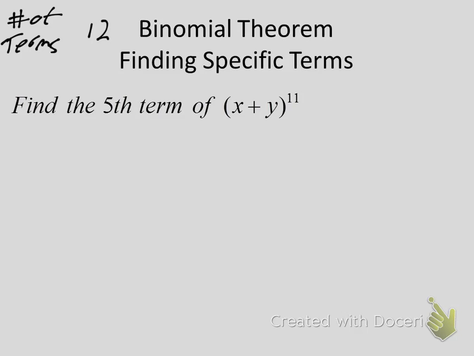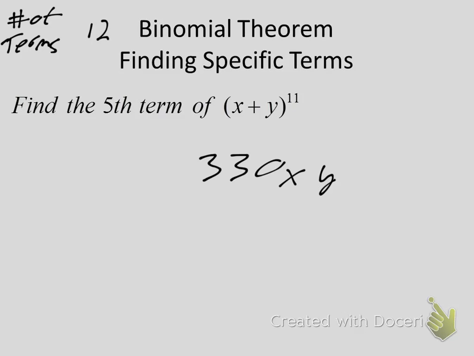What's our exponent? 11. Hit 11. Okay. What's the fifth number? 330. That'll be your coefficient. 330 is your coefficient.